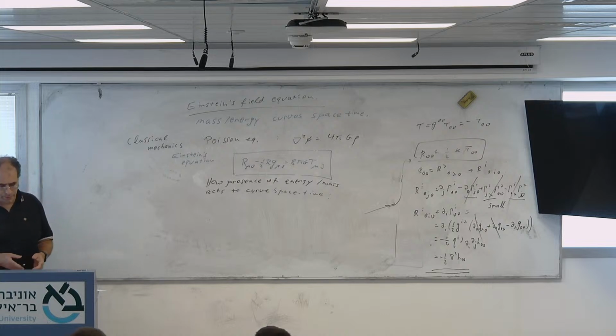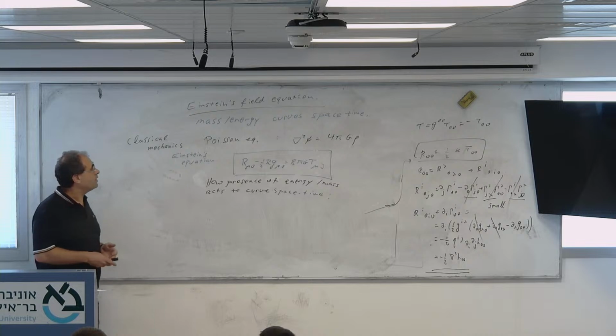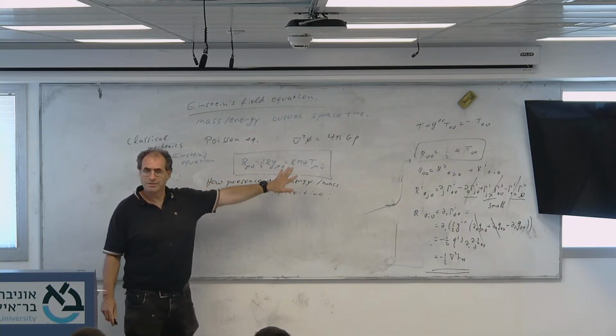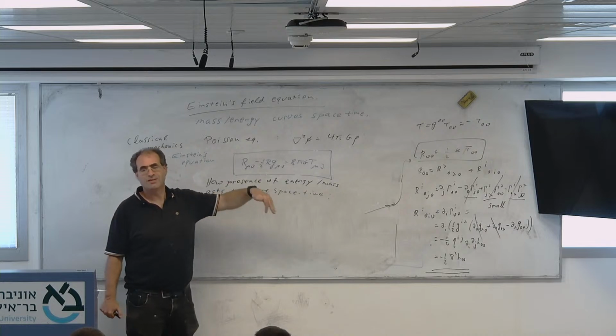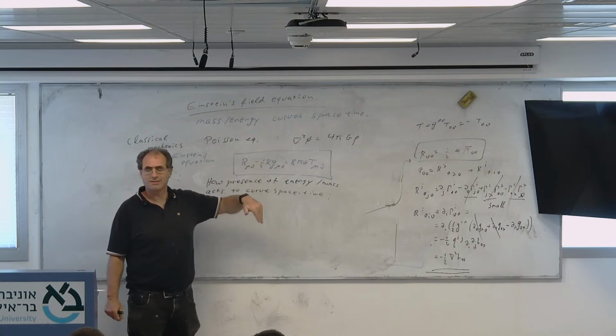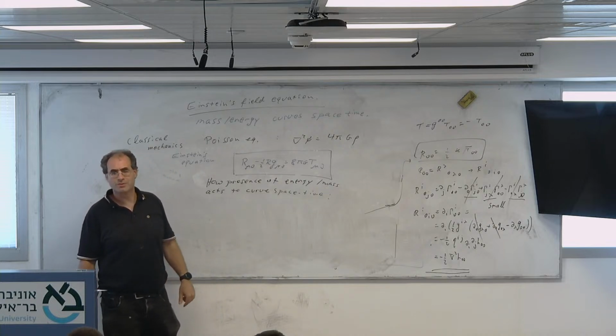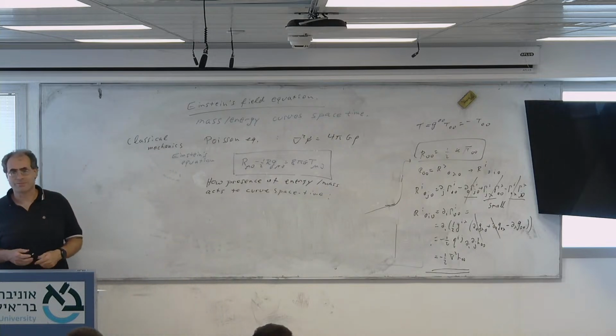Because it's symmetric in mu and nu, out of 16 you get 10. But then you have the Bianchi identity, which gives you 4 constraints, nabla mu of G mu nu equal to 0. That's another 4 constraints. So you have 6.